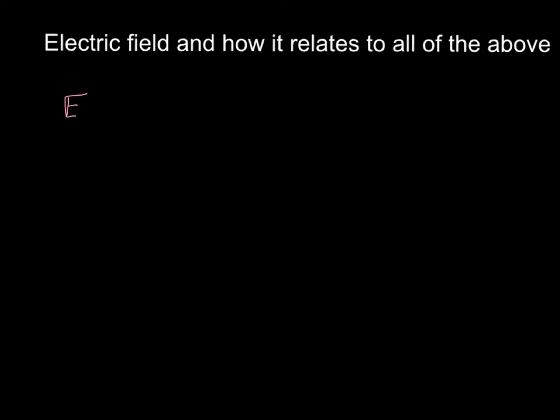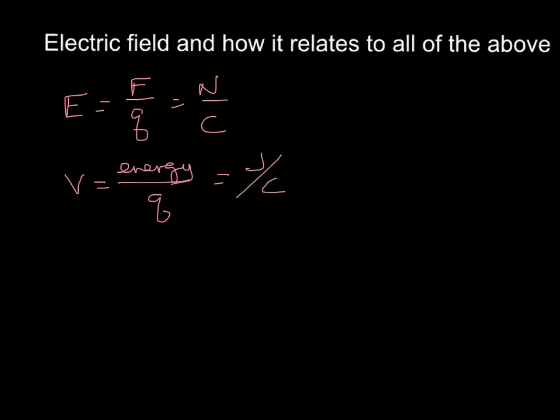So your electric field is your force per charge, or your newtons per coulomb. Your volts is your energy, your potential energy per charge. It's your joules per coulomb. We also know that your energy is equal to your change in voltage times the charge.